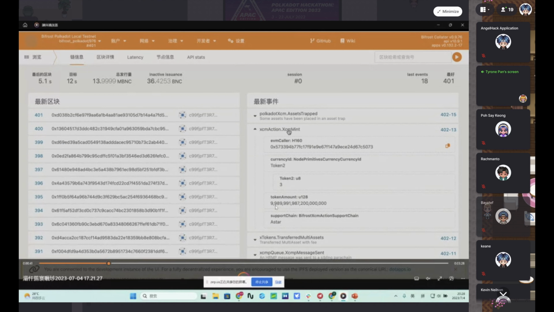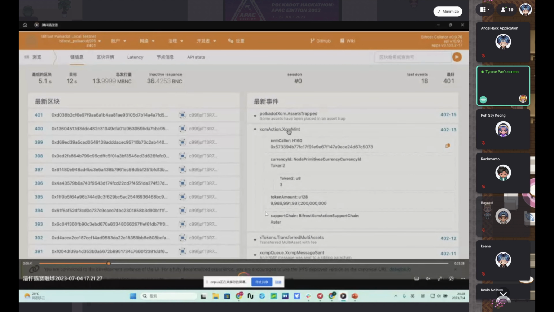It actually includes the XCM transaction fee inside of this. Bifrost supports the transaction fee being paid by BNC or the native token or other tokens like ASTR.